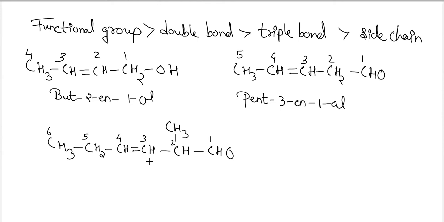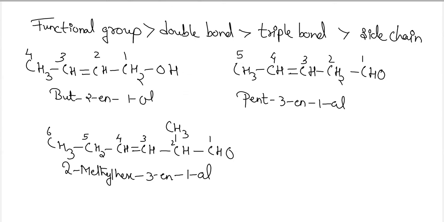Okay, both will be included there, and the side chain will be this one. So the name of this compound will become 2-methylhex-3-en-1-ol. Hex-3-en-1-ol. Okay, so these are the naming rules for the compounds containing double bond, triple bond with the functional groups.